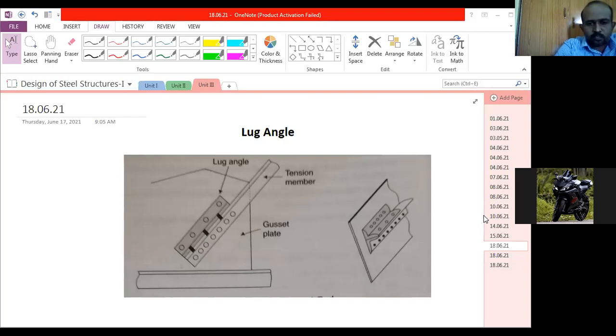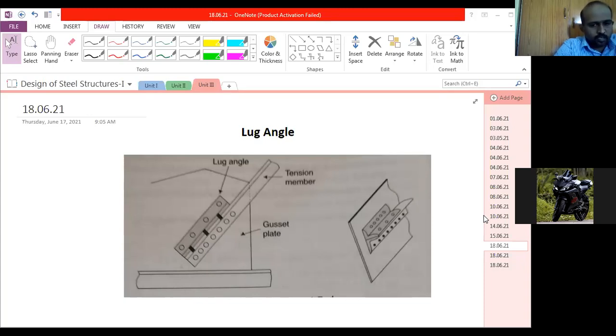Am I right? So for that, what we have to do, we have to calculate the required gross area based on the load. Based on the gross area, we will select some angle section. Then that type 2 problem will be similar to the type 1 problem. Then we will do the 3 important failure checks: yielding capacity, rupture capacity, and block shear capacity. 3 things we have to do.